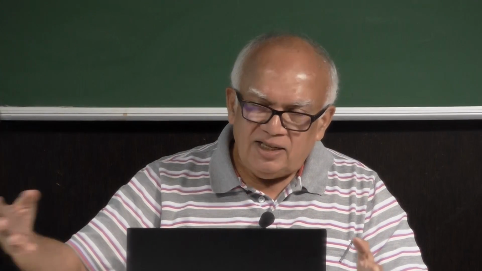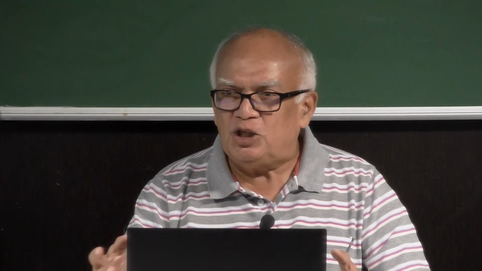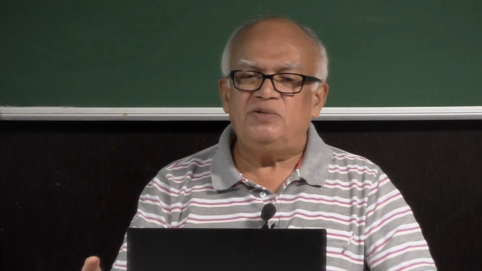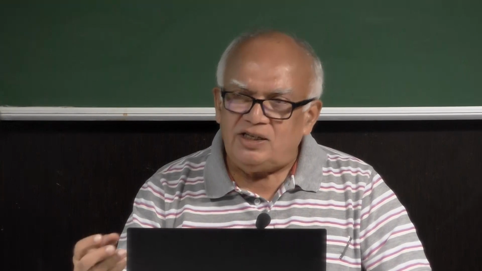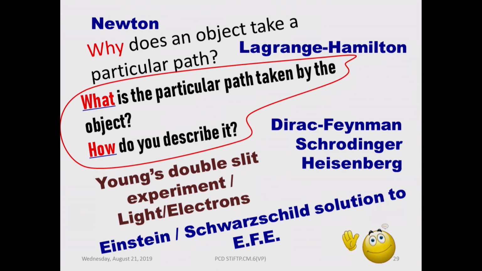But it does not tell us very much. So, science does not really try to answer this question, why does an object take a particular path? It tells you what is the path that the object takes. And it describes it very accurately, very scientifically, and it challenges: go ahead and test it.